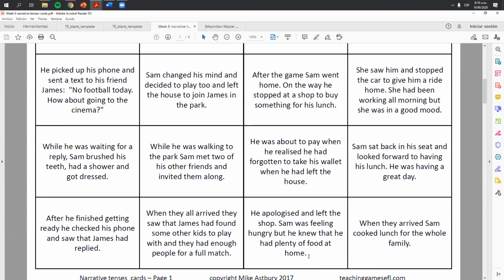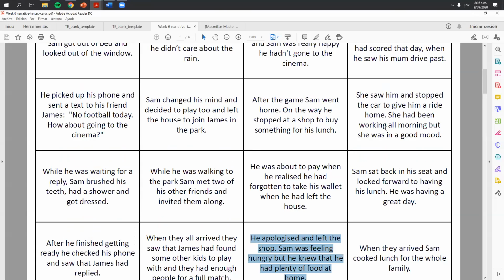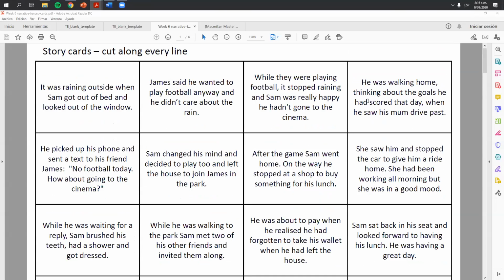Let's continue with this. Where is this one? Let me see. Andres Felipe, would you please help us with that one? He apologized and left the shop. Sam was feeling hungry, but he knew that he had plenty of food at home. Excellent, cool. We are missing just the last column.